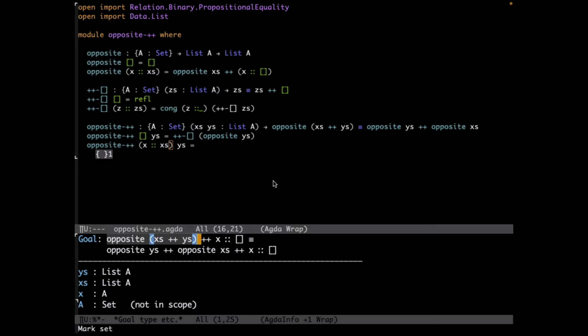So how about if I start with that? Let's first apply the induction hypothesis in here and see what happens. Before I do that, I also want to think a little bit about what will happen. What will I get? Well, I will get opposite of y's, opposite of x's. Oh, it's looking good. It's starting to look like the right-hand side if I apply the induction hypothesis. So let's do that.